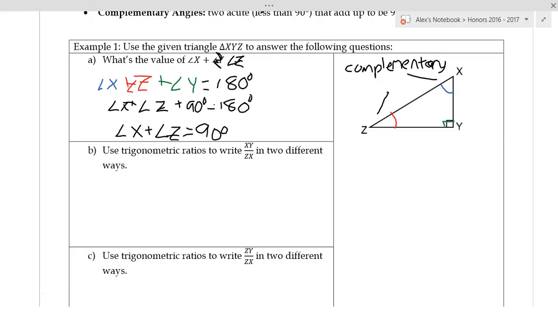So angle X and angle Z are complementary. That's what A is pretty much asking me to find. If angle X plus angle Z are 90 degrees, they're complementary angles.